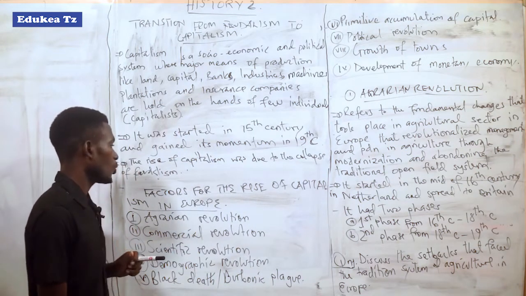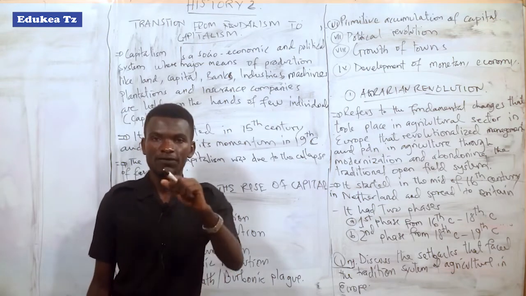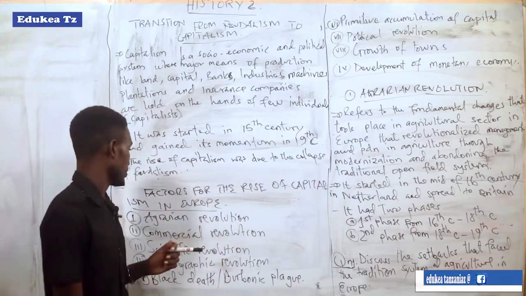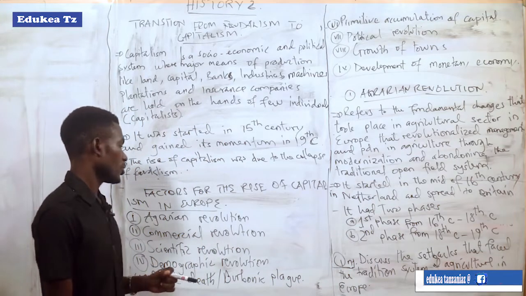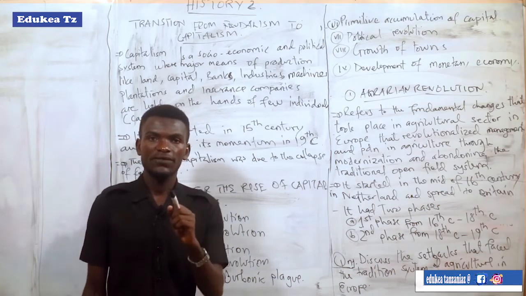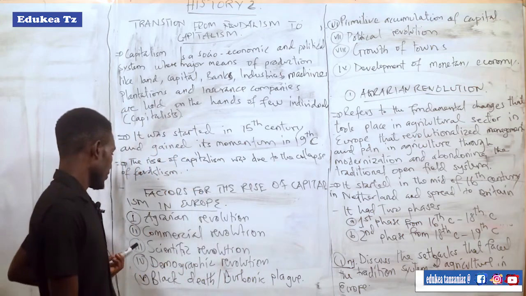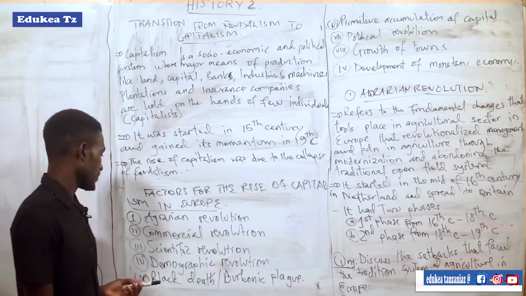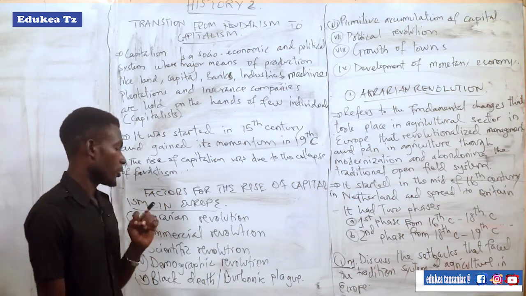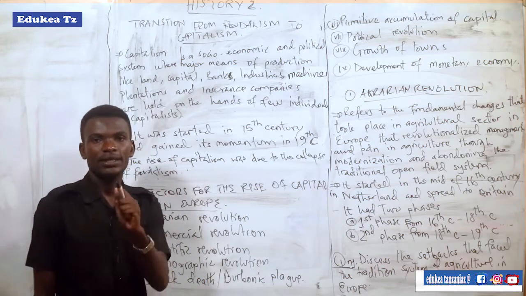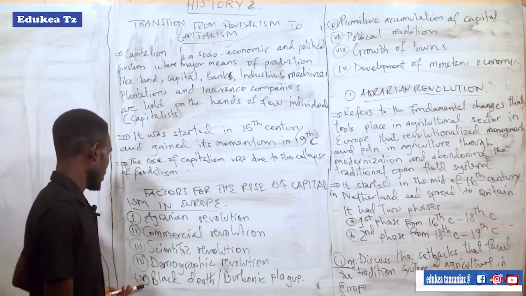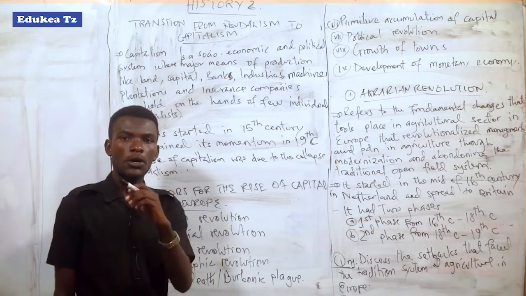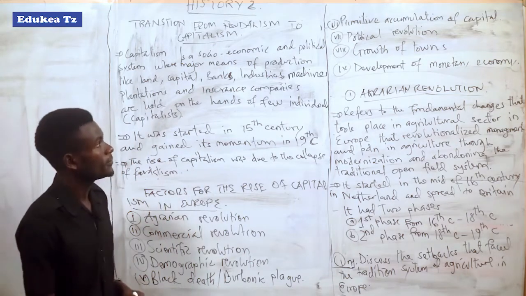The first one was agrarian revolution. The second one was commercial revolution. The third one was scientific revolution. The fourth one was demographic revolution. The fifth one was Black Death or bubonic plague.